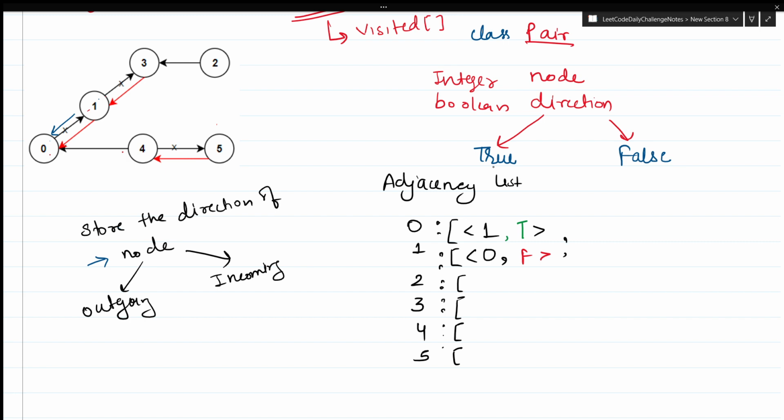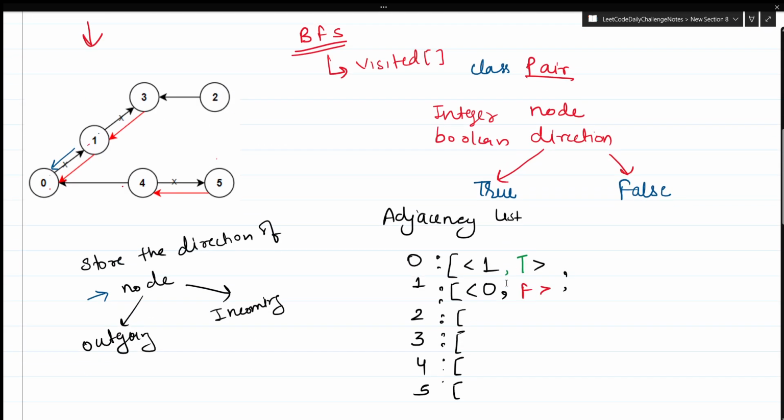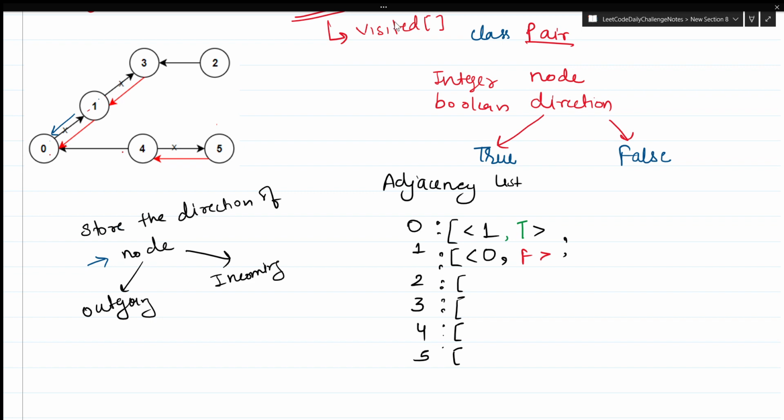The next thing: if I go to the input array, 0 to 1 is done. Now 1 to 3. From 1 there is an outgoing branch to 3, but from 3 to 1 there is no outgoing branch.